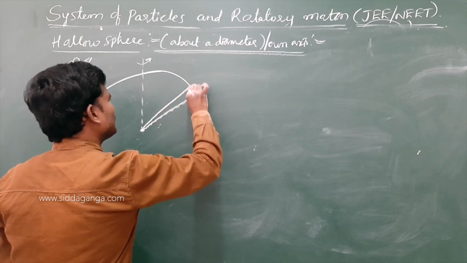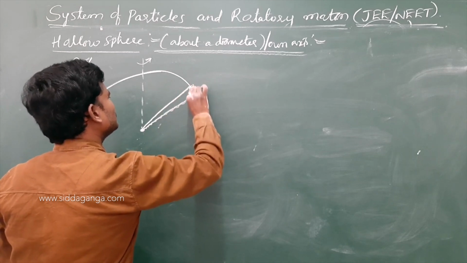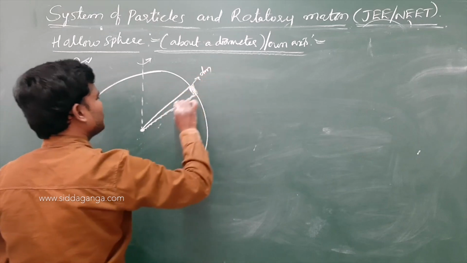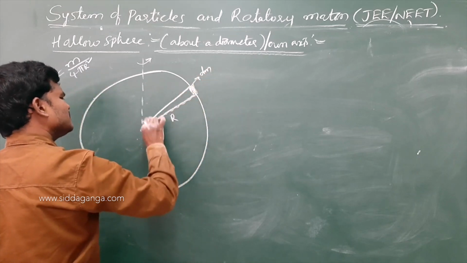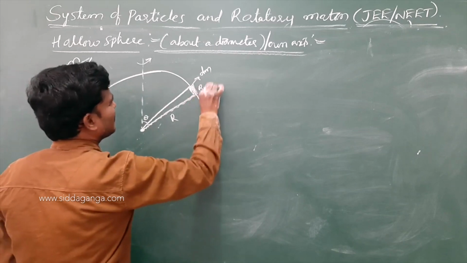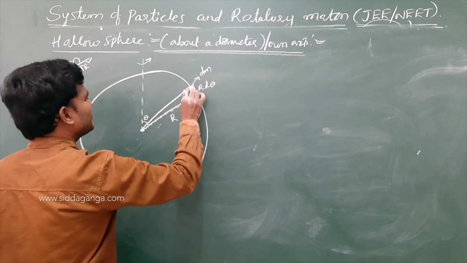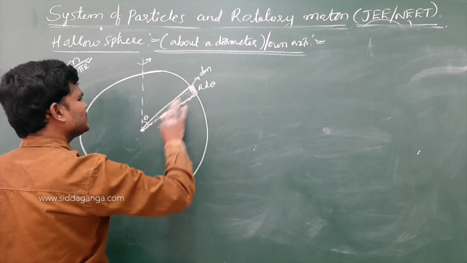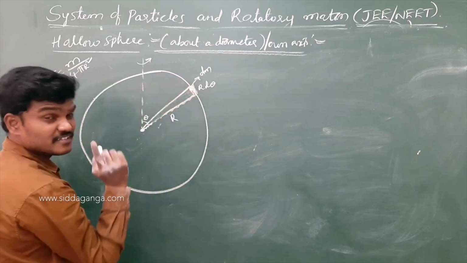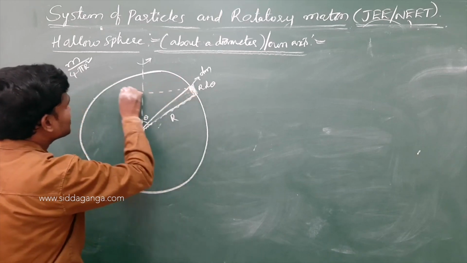If I take this small part, it has mass dm, and this is R. Let us suppose this is theta. The thickness is R d theta, arc length, angle in radians. This is nothing but empty space actually. If I take this part from the inside, this part also covers.